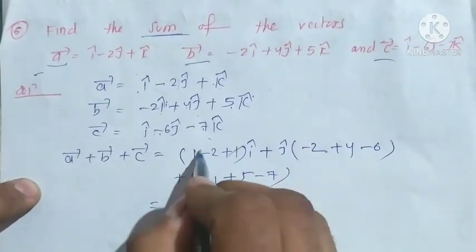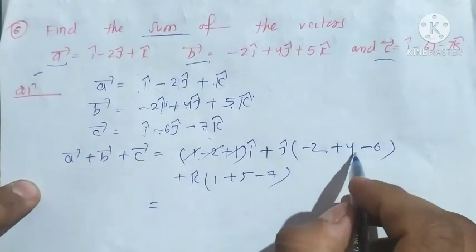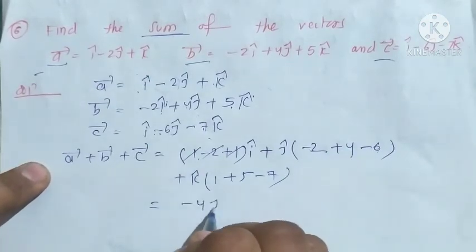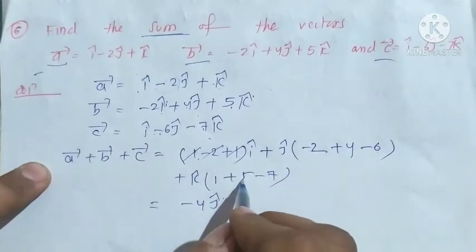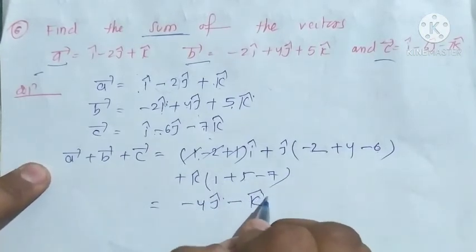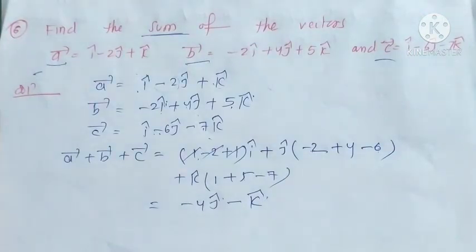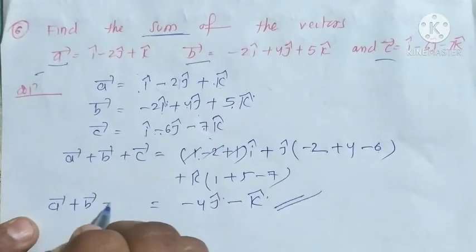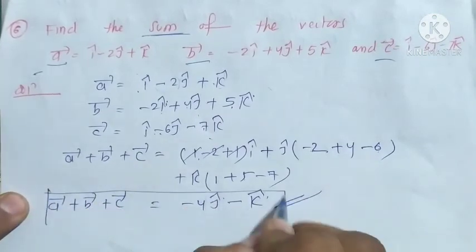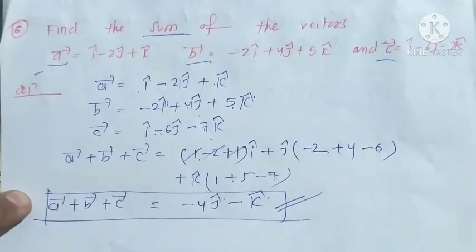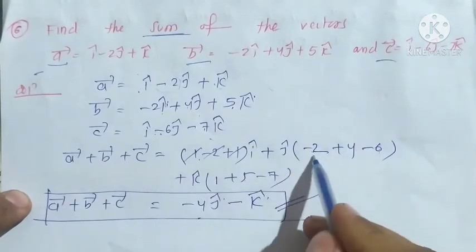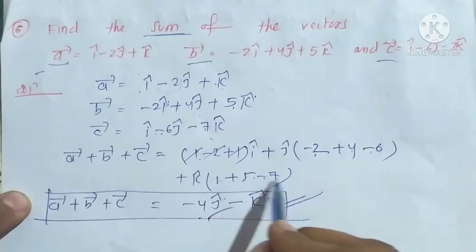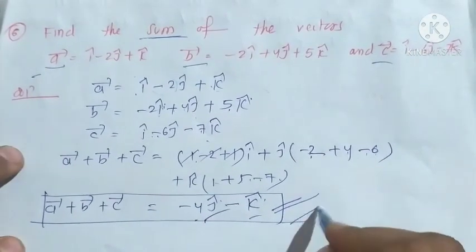So here the i terms cancel, and for j, 2 plus 4 minus 6 is... -4j, and here -k. So the sum of these three vectors is: minus 2 minus 8 plus 4, and 6 minus 7, minus k.